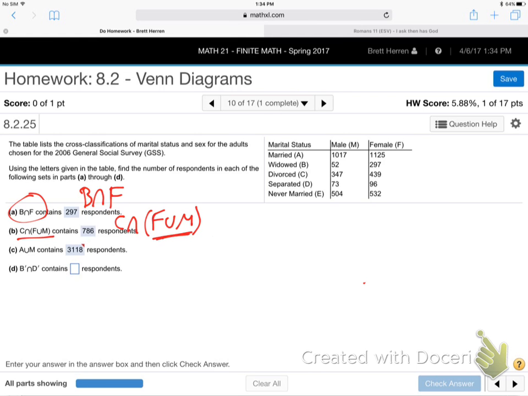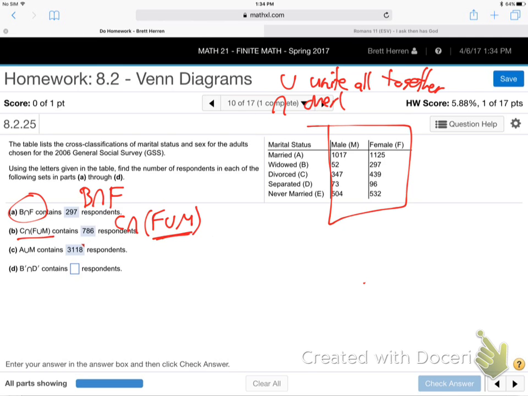That's females united with males. It's all the females, all the males, all together. U means unite all together. And the U turned over means overlap or intersection. I think it's maybe easier to think that way. Overlap, intersection.